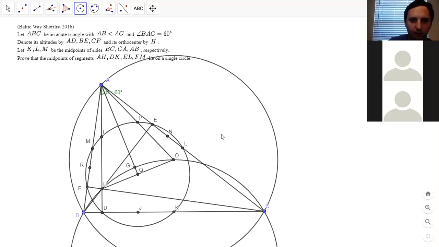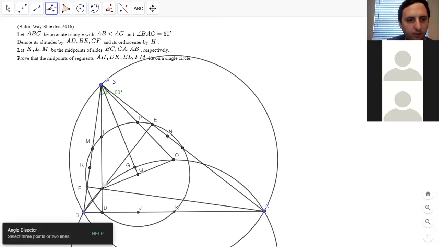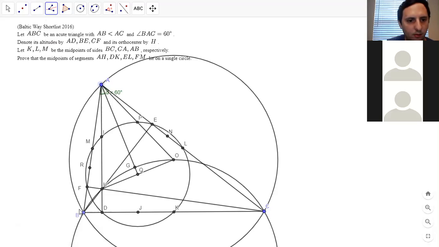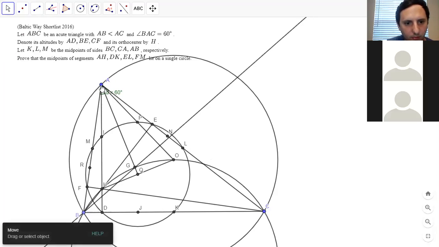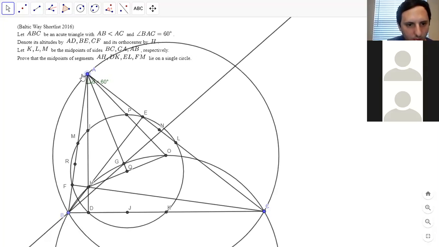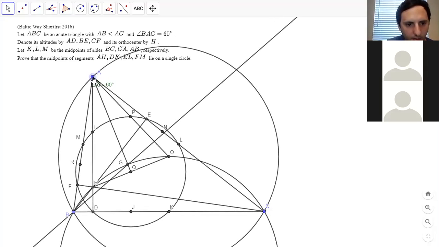Is G, let me see. I'm just curious if G is the incenter of ABC. That would be, yeah, I think G might actually be the incenter of ABC. I'm not 100% sure though. It kind of looks like it. Yeah, we can prove it.